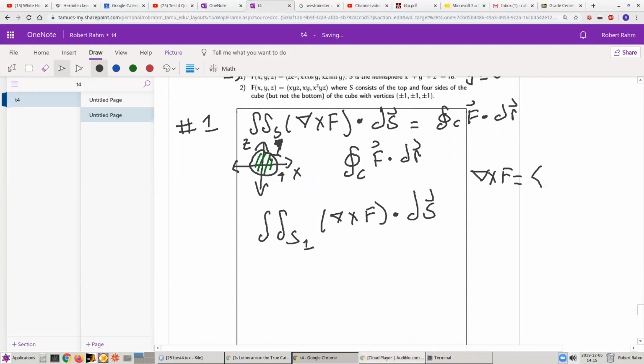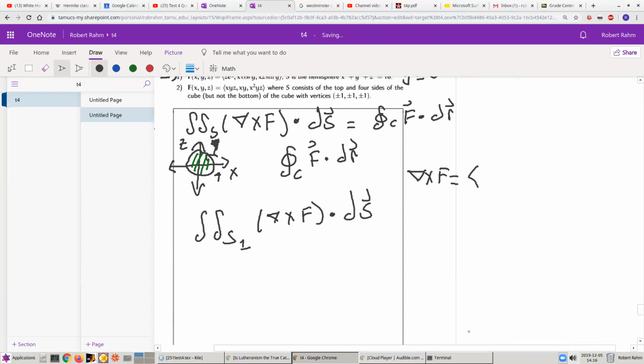The curl of F is equal to: zx cosine y, e to the y minus z sine z, and the third component is cosine y minus z e to the y. That's the curl of F.